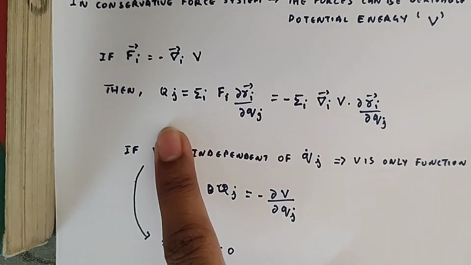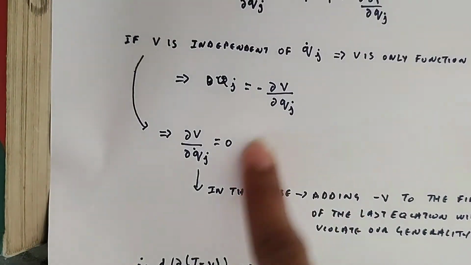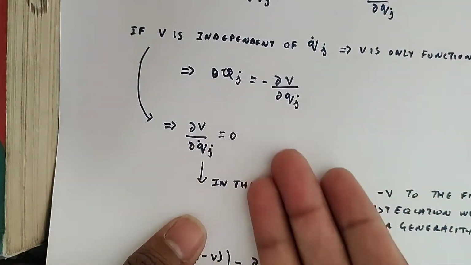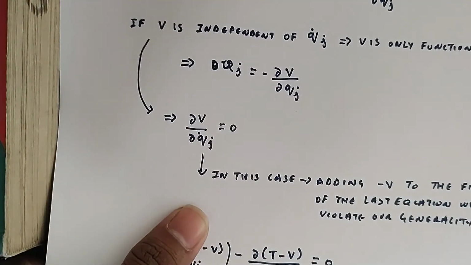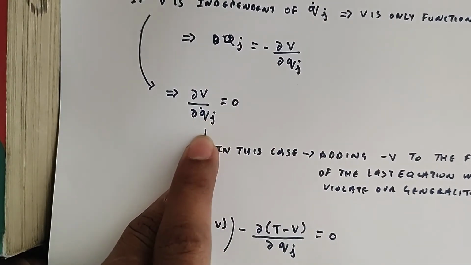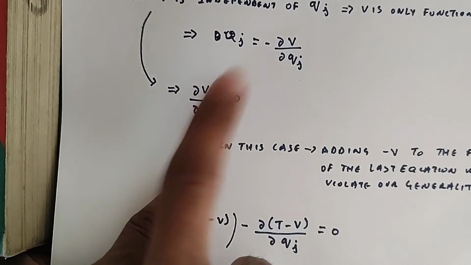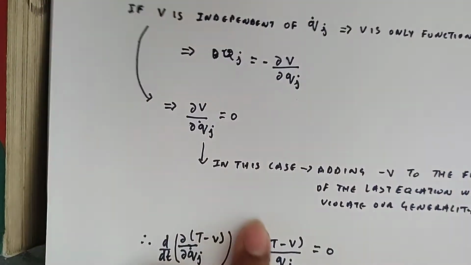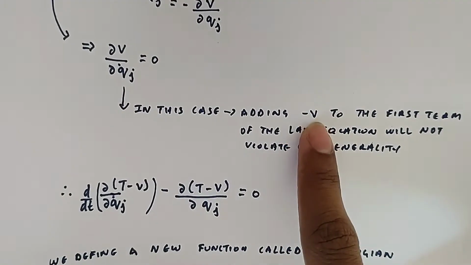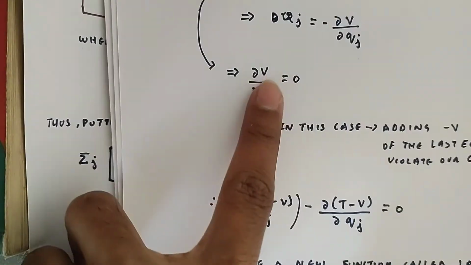So as a result, my capital Qj, my generalized force, turns to this particular form. Nothing, just turn the derivative into a partial derivative with respect to j. Thus the derivative of V with respect to Q dot j, this particular term, vanishes. In this case, if I add my minus V to the first term over here, so if you see, this is 0.